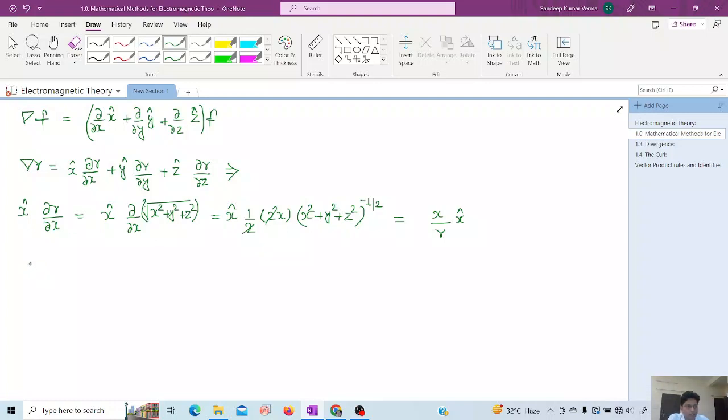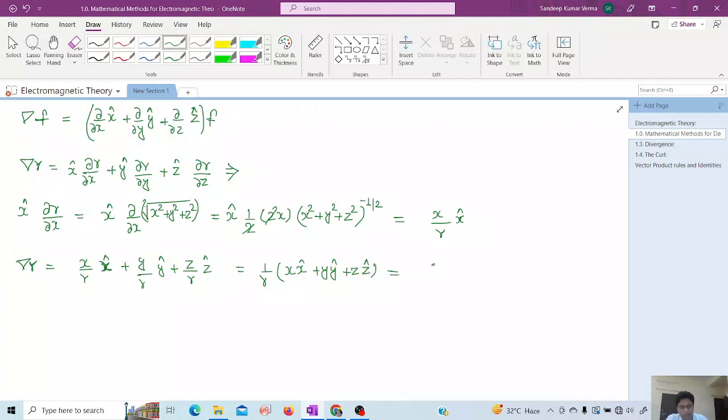Similarly for the others, the gradient of r will be (x/r) x̂ plus, for ŷ, ∂r/∂y which is (y/r) ŷ, plus (z/r) ẑ. This can be written as 1/r times (x x̂ + y ŷ + z ẑ).